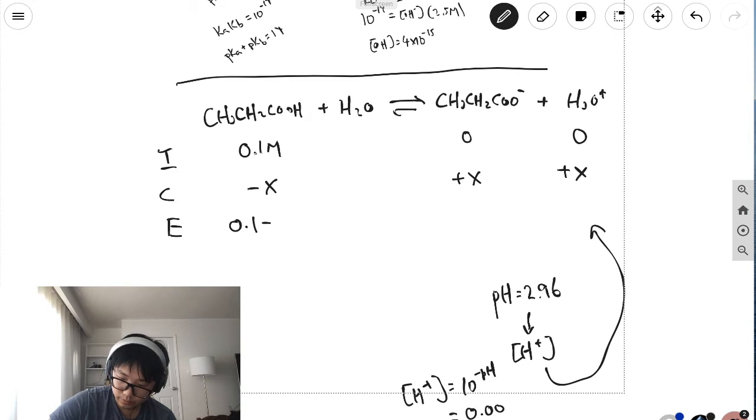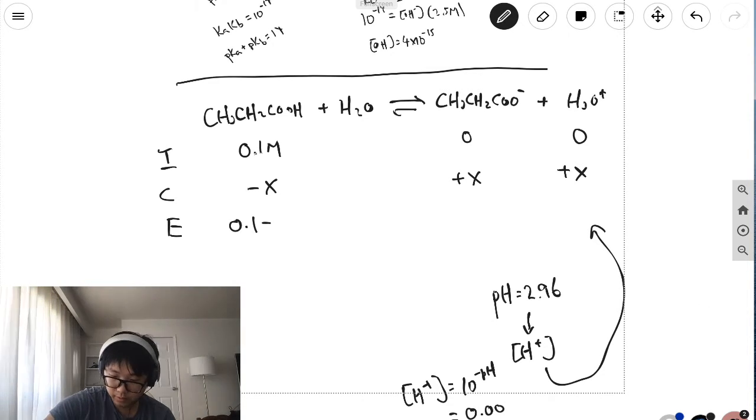Okay, perfect. So 1.096, and that's a molar. Okay, so now what can I do?